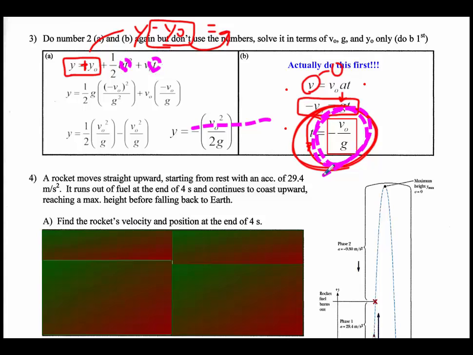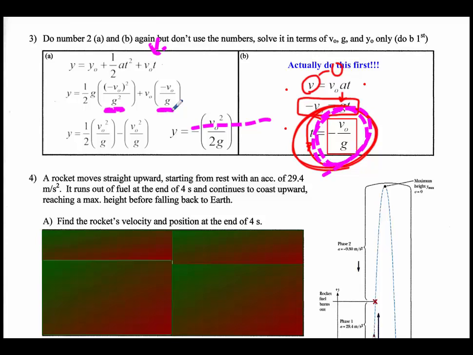So you can hopefully see that for the t squared, you put in this negative V0 over g, and it's squared, so it's V0 squared over g squared. And for this time, we put in negative V0 over g, and then it's just algebra and trying to reduce it to the simplest terms. The negative V0 squared becomes positive V0 squared.